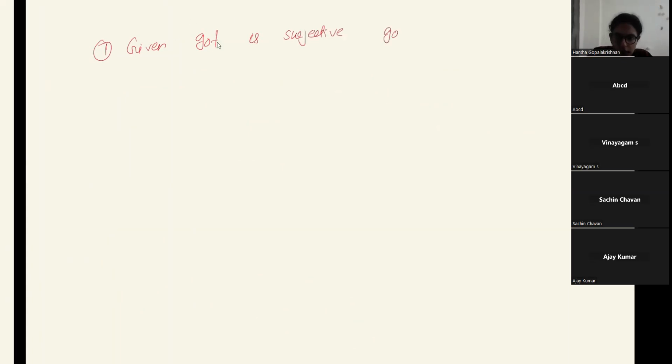So, G composite F is surjective. Then by definition, what can we say? What is the definition of surjectivity?